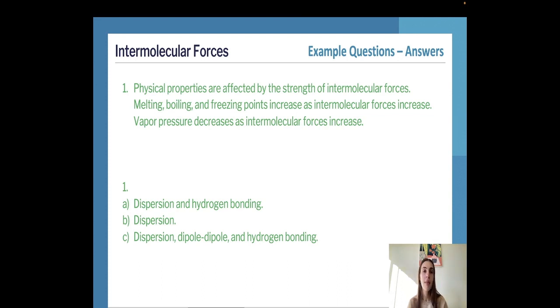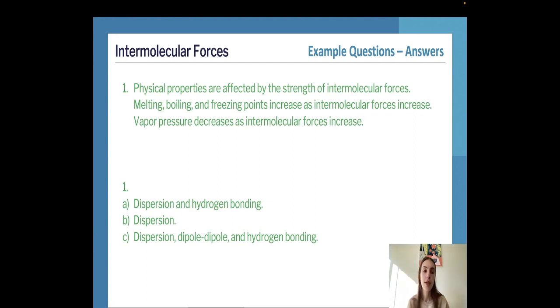This relates back to our VSEPR theory, where the lone pair repels the molecule downwards. Because the molecule is being repelled downwards due to that lone pair, it forms permanent dipoles between each of the hydrogen atoms and the nitrogen atom. And hence we have dispersion forces, dipole-dipole interactions, and hydrogen bonding in NH3.